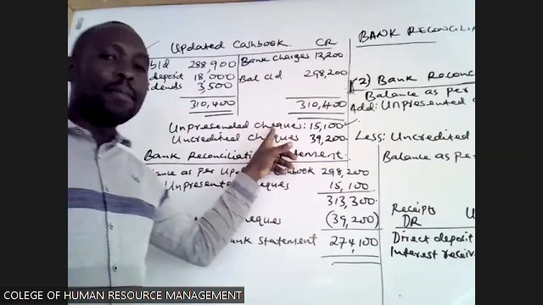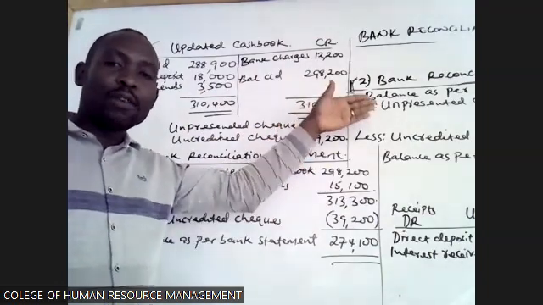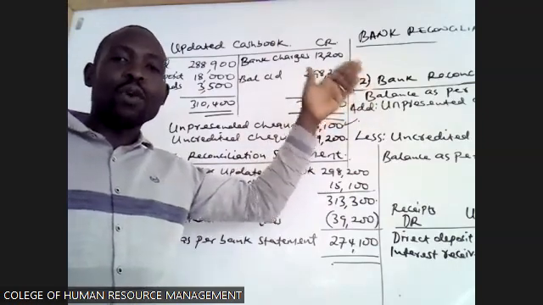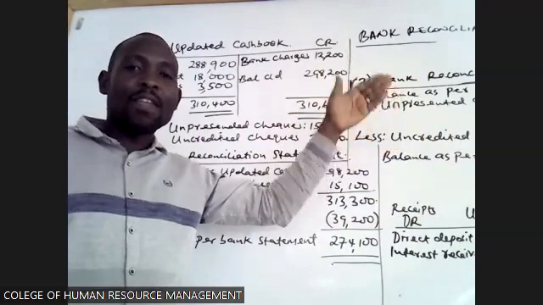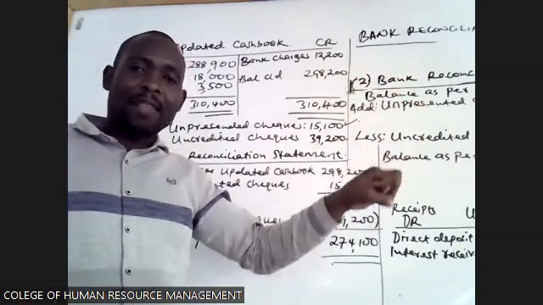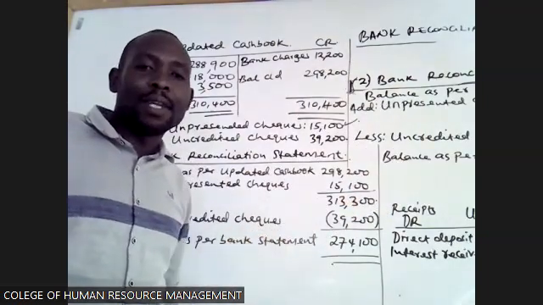Unpresented, they are payments. They are checks paid. So they are on the credit of the cash book. Go to the credit of the cash book that you are provided in the question, the cash book extract. Look at all the payments that are there as you compare with the debit of the bank statement.